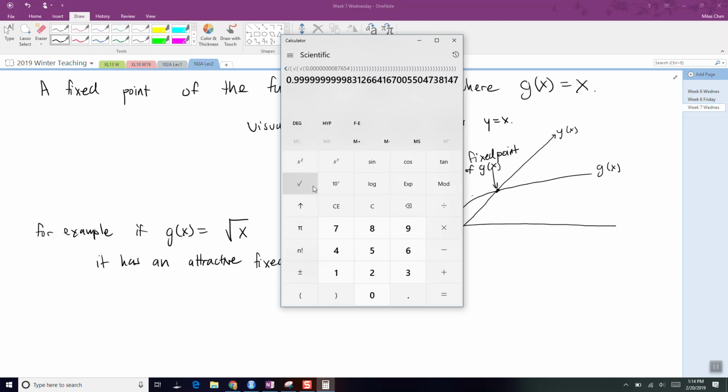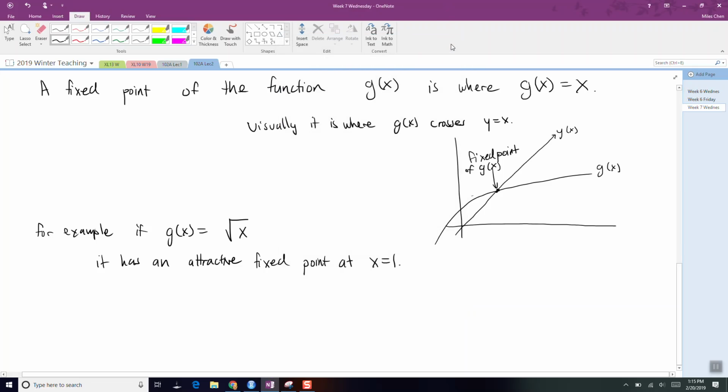And so this is an example of the square root function having an attractive fixed point, meaning if you keep applying the function over and over to the output every single time, it's going to converge to its fixed point, okay? Not all functions have that, but if we can write a function with an attractive fixed point, then we can take advantage of that, okay? It has an attractive fixed point at x equals 1.